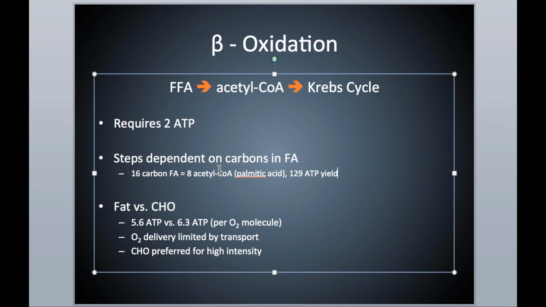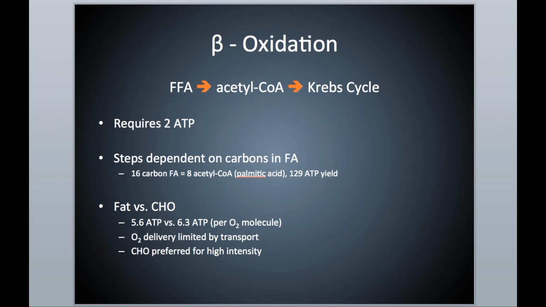It's going to depend on how big that fatty acid really is, how many carbons are present, of how much ATP we're actually going to get. But in terms of this acid, palmitic acid, this fat, we're going to get about 129 ATP. So those couple we use at the beginning to break it down and get into the citric acid cycle really doesn't mean a whole lot.